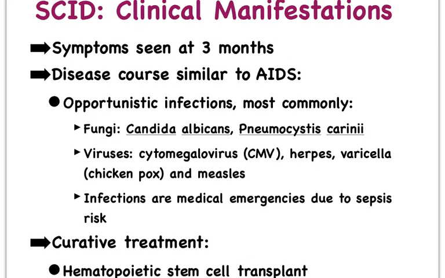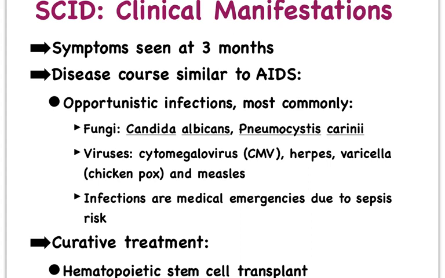If we take a quick look at the typical clinical manifestations of SCID, they are almost identical to AIDS, and our next topic is going to be AIDS. So I'm not going to go into a whole lot of detail here because we will touch on those somewhat, but notice that there are going to be problems with all kinds of infections, whether they're fungal, viral, even bacterial.